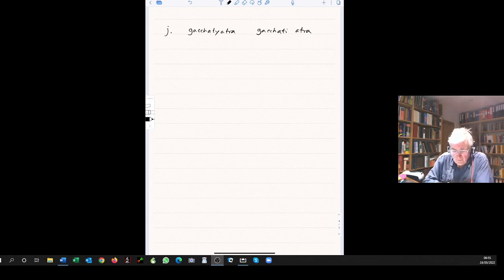Where Thomas Egenes says, in the following exercises, remember that the subject and the predicate nominative are put in the nominative case, since they both refer to the same subject. For example, Rama is the son would be Rāmaḥ putro bhavati. If A is B, they both go in the nominative. It's the same with all inflected languages that I've come across. Or just Rama, the son, says Rāmaḥ putro vadati.